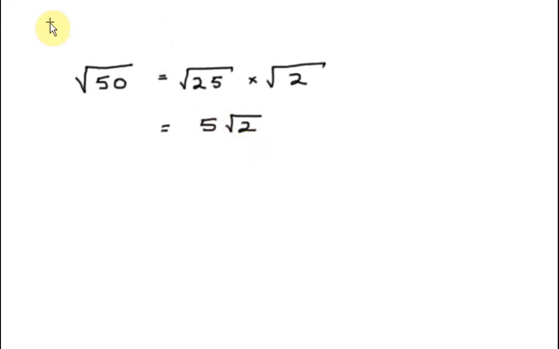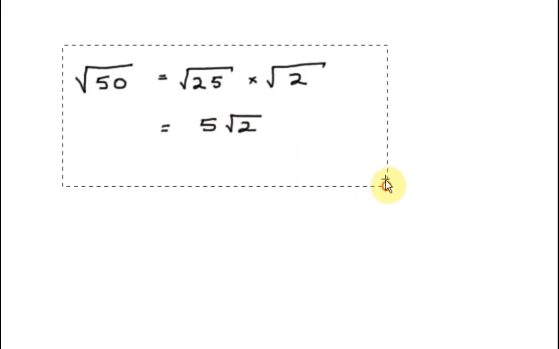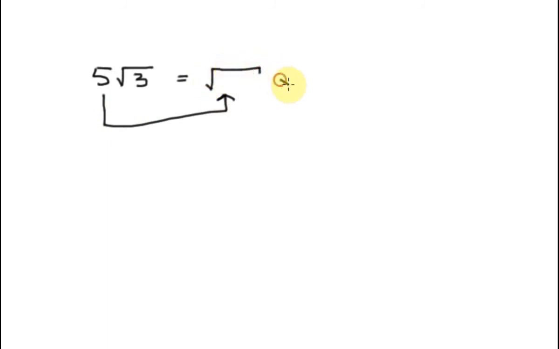Okay, now what if you had to work backwards? What if you had something like this, 5 times the square root of 3, and somebody said, can you rewrite that as an entire radical? How do I do it? Well, what I've got to do is think, where did this 5 come from? It was the square root of something, and then I have times the square root of 3.